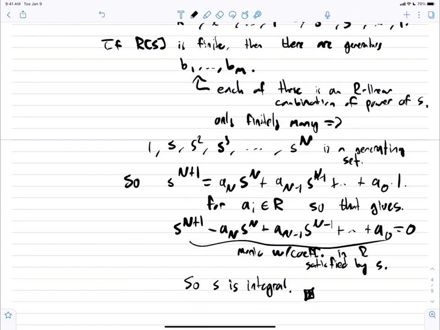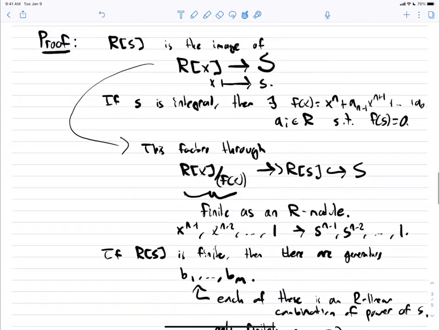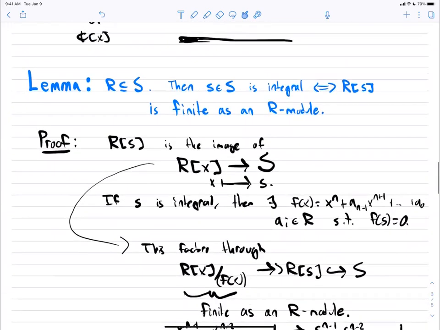Let me just recall what that lemma said. That lemma took this statement about there existing some polynomial, and it turned it into a more module-theoretic statement. The reason that's going to be useful is because we have some tools for understanding finite R-modules.